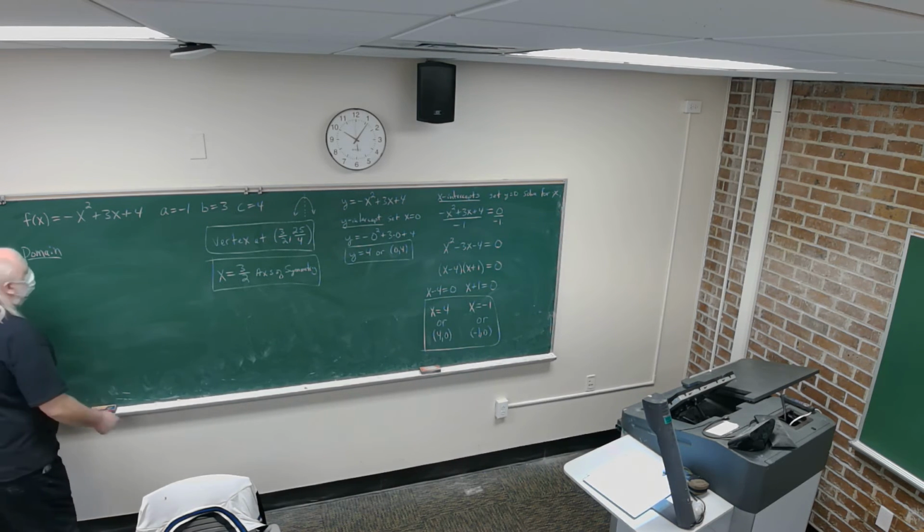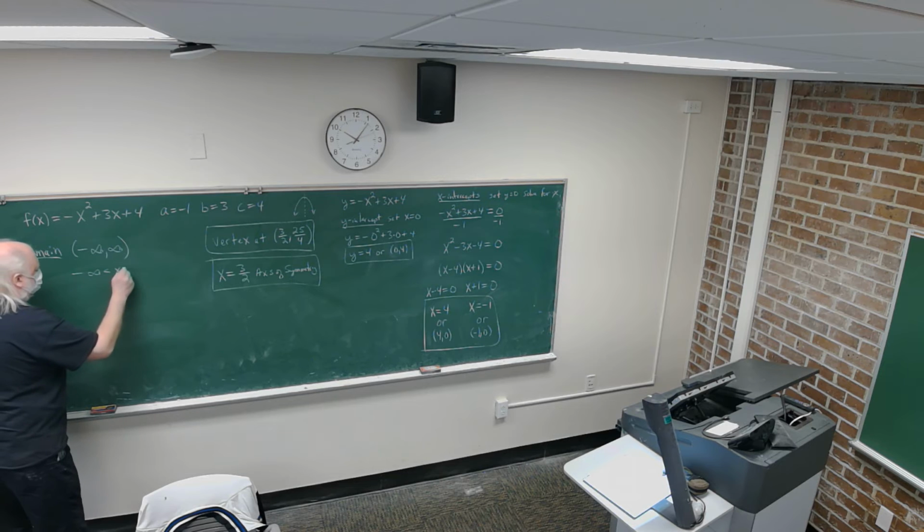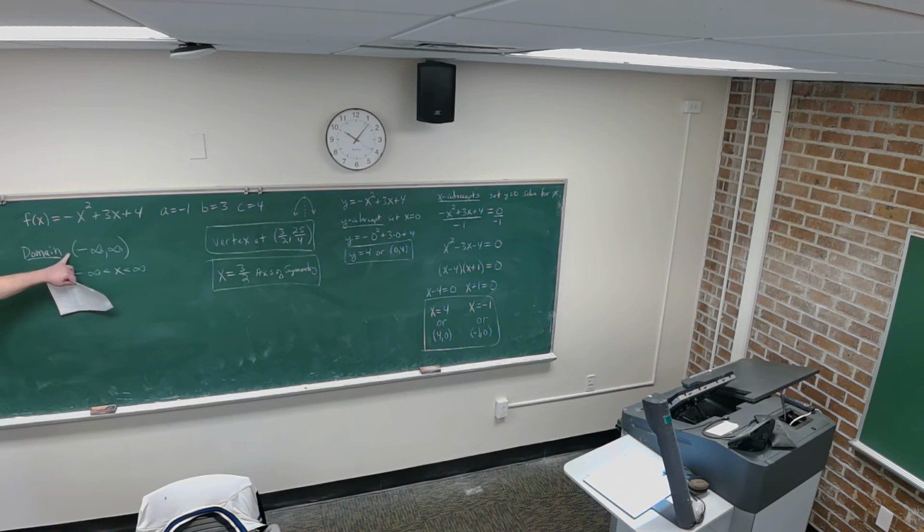So the domain for all quadratic functions is all real numbers. And remember, the domain applies to the variable x. So write it in interval notation or inequality notation. Now, the range may not be so obvious.